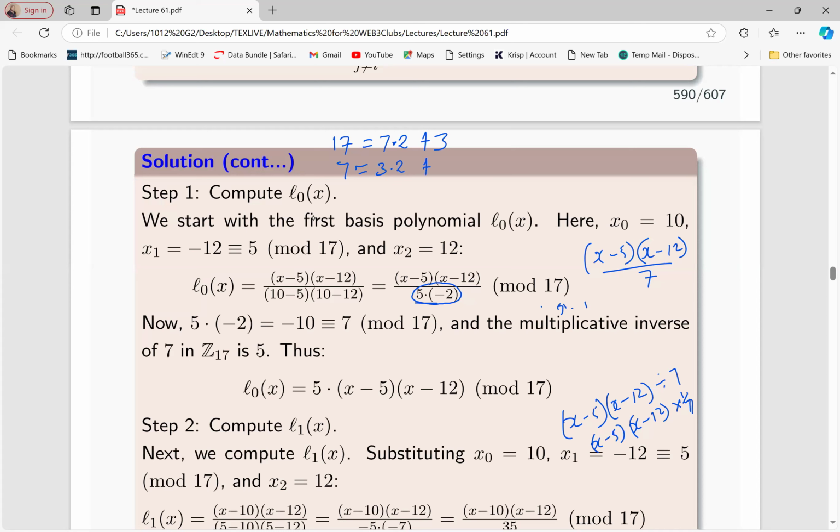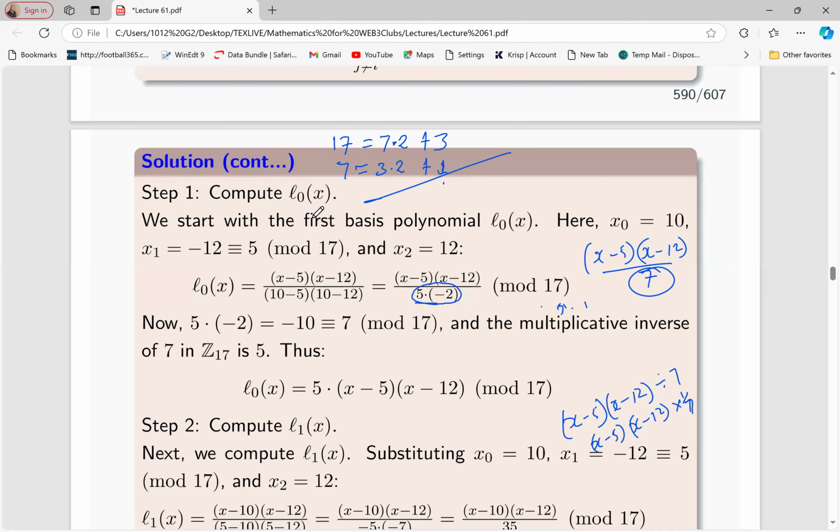And the remainder is what? 1. So 1 is the GCD of 17 and 7. Those are the two numbers we're considering, 7 and 17. So the GCD is 1.